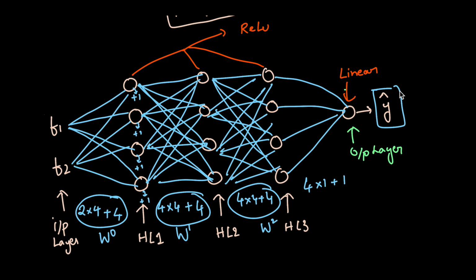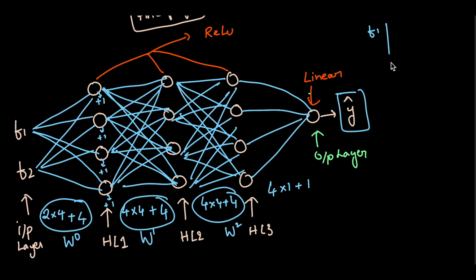And once we get our output, basically what is our data set? Our data set is having feature 1 and feature 2, and also we are having price, right? So in price we'll be having the actual value, that is y1, and then input we'll be having x1, x2. Initially we'll be initializing all the weights to some random values, that is w0 weights, w1 weights, and w2 weights.